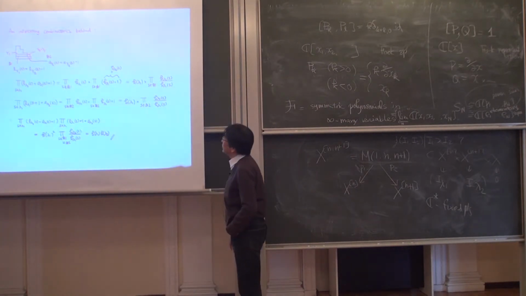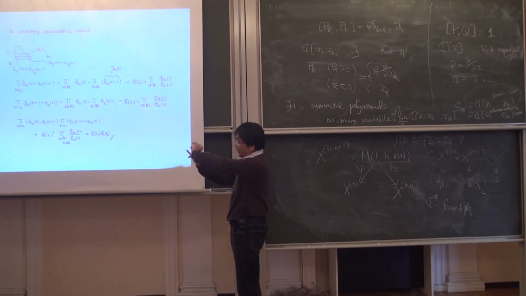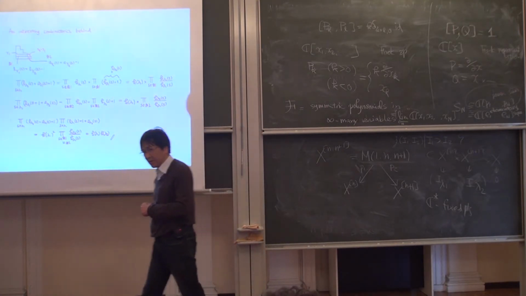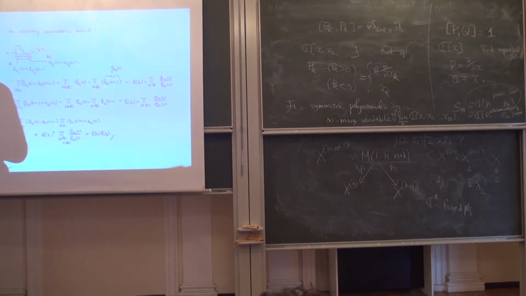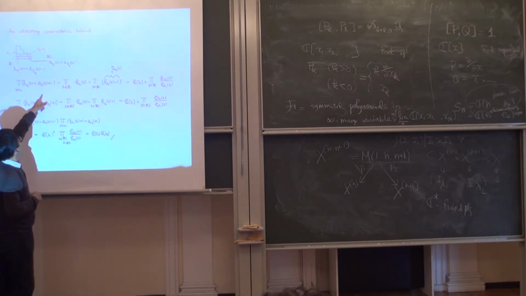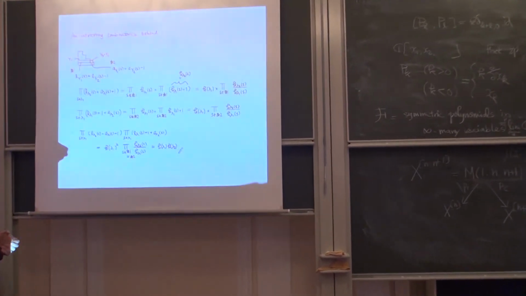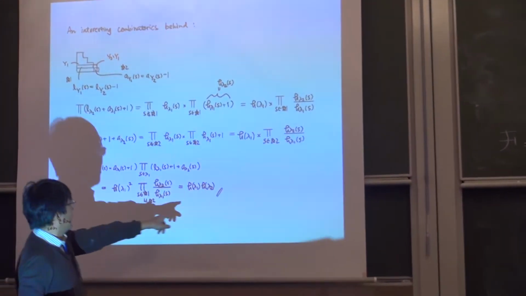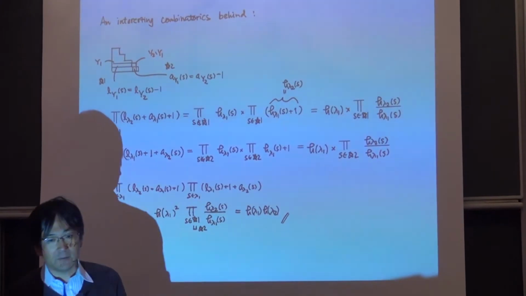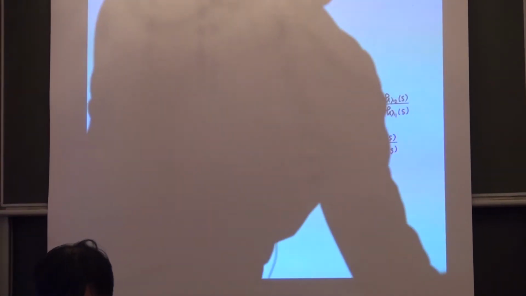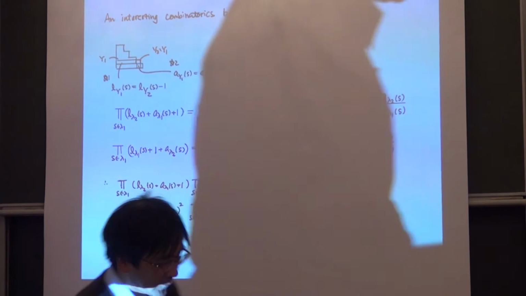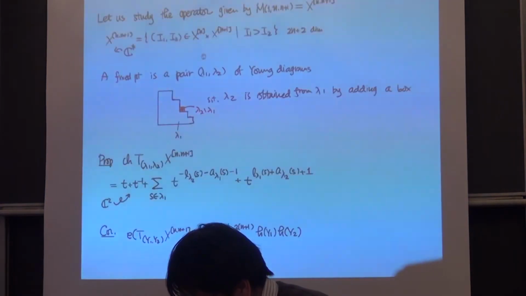I think you can check it. I don't explain the detail, but by calculating carefully enough how the hook lengths and arm lengths are different for lambda 1 and lambda 2, the final answer, somehow miraculously, is just the product of hook lengths for the Young diagrams lambda 1 and lambda 2. Anyway, this is the final formula.